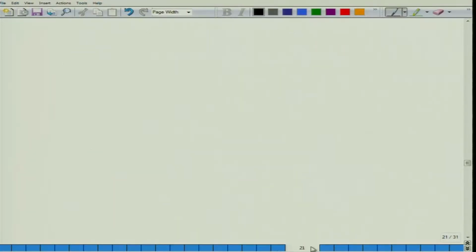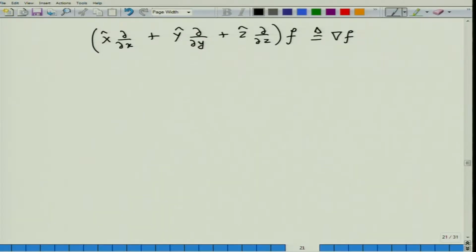And we have a special notation for this particular quantity which we call as the operator. We call this as the del operator. The reason for calling this a del operator is very clear, because these are only partial derivatives. This will make sense only when we take this and operate it on some quantity. In this case, we operate this quantity on the scalar field f in order to obtain what is called the gradient of f.